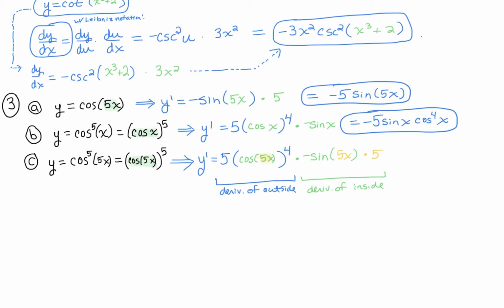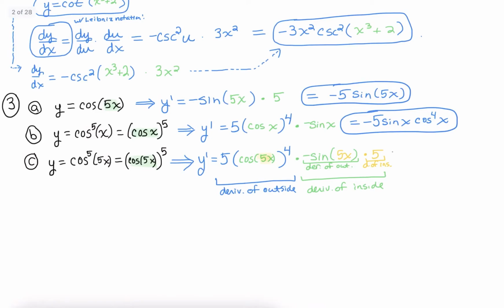But then within that structure, what we ended up with was its own little derivative of the outside, and then times the derivative of its inside. So here's an example where we have a chain rule within a chain rule.